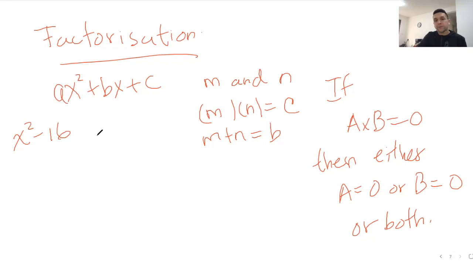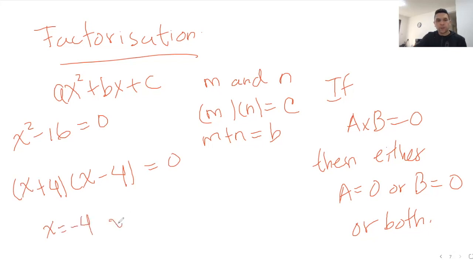So this is a difference of two squares, right? So this could be factorized as x plus 4 times x minus 4. Now we have it factorized. It was equal to 0, my bad, I forgot that. So the two answers are x equals negative 4 and x equals 4. And voila, that's it.